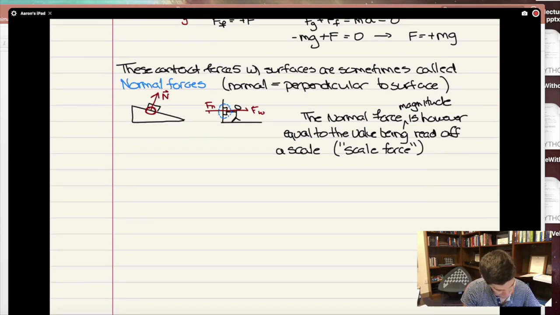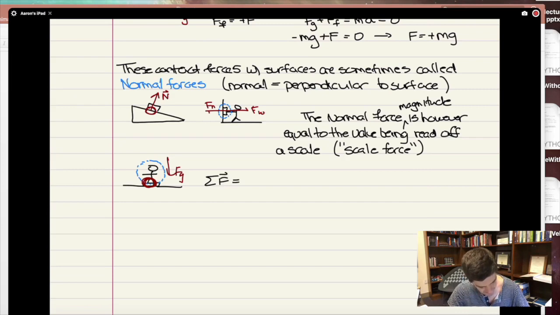So in the case of a bathroom scale, you're standing on a bathroom scale. Since you're standing still, there are two forces acting on you in this case, the scale itself and gravity. So you have a weight that's pulling you down, but then you have the bathroom scale that must be balancing that weight.